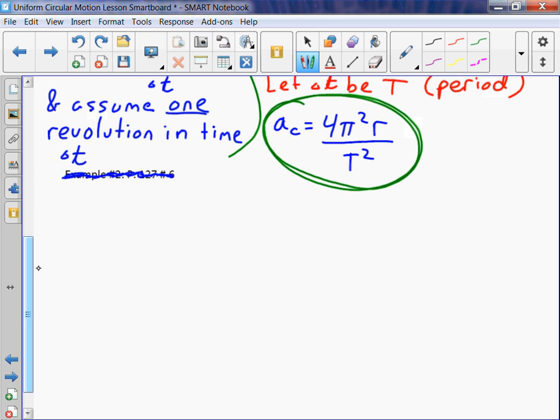Well, this is the same example, question 4. Okay, so we've got version 2, and now we have to see the relationship between frequency and period.